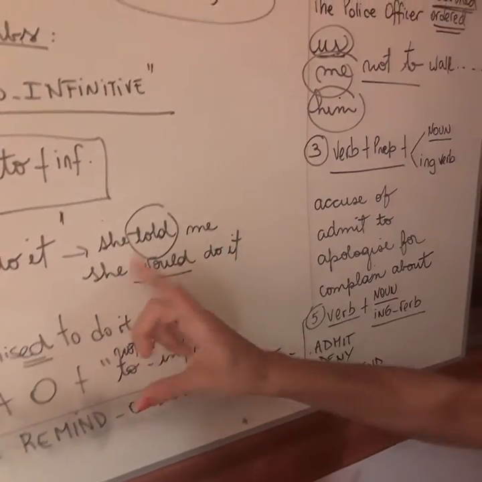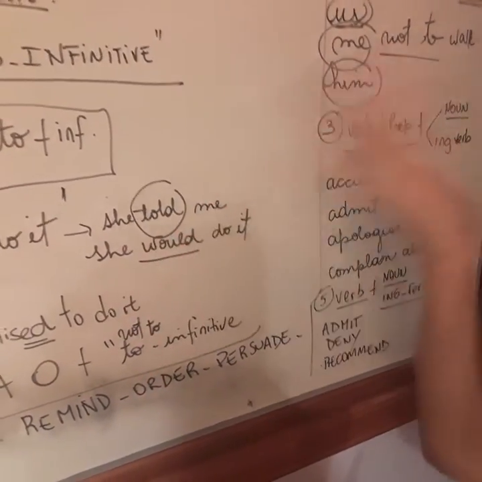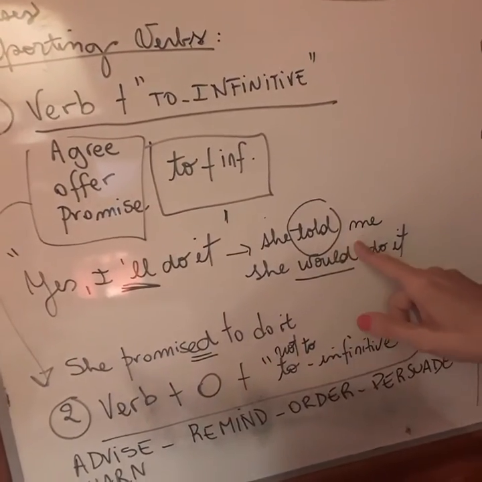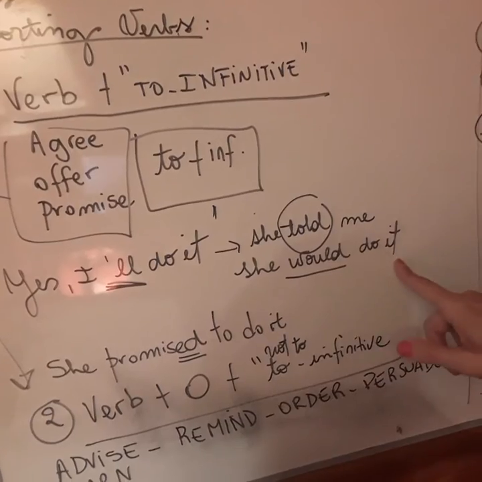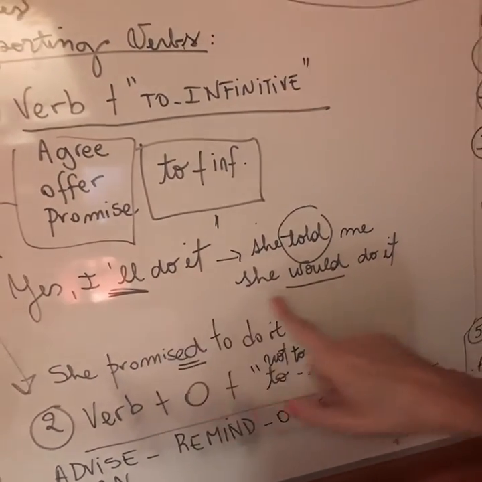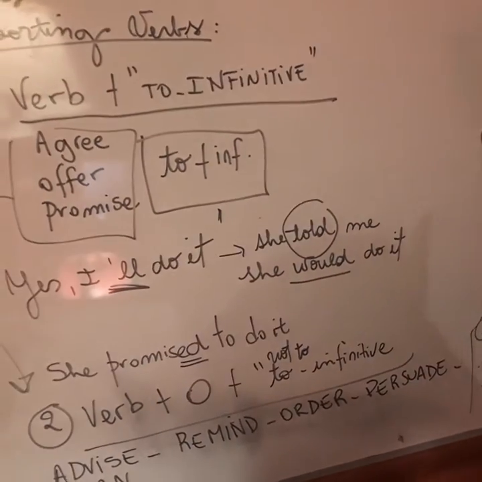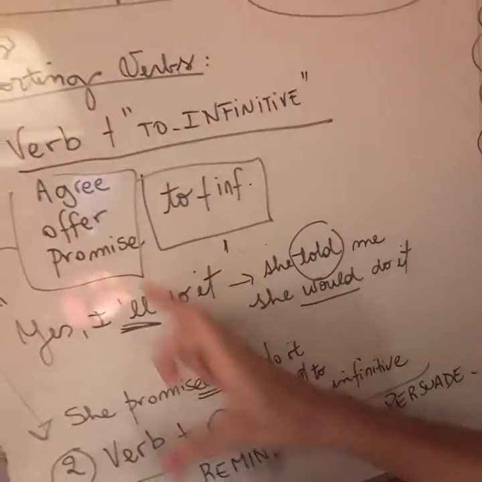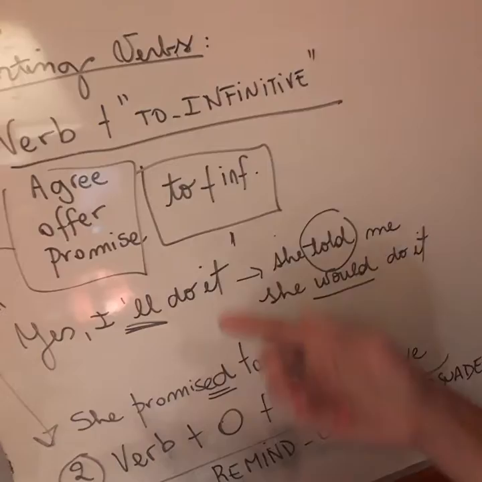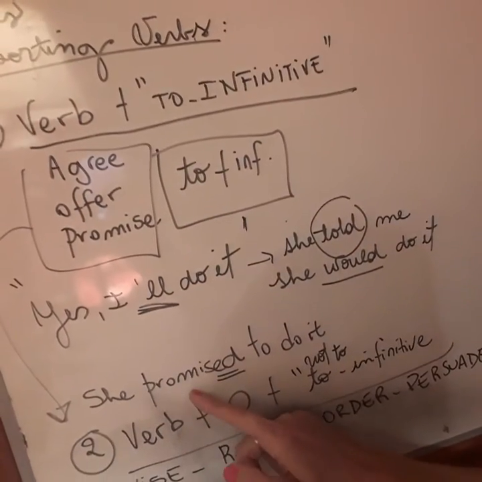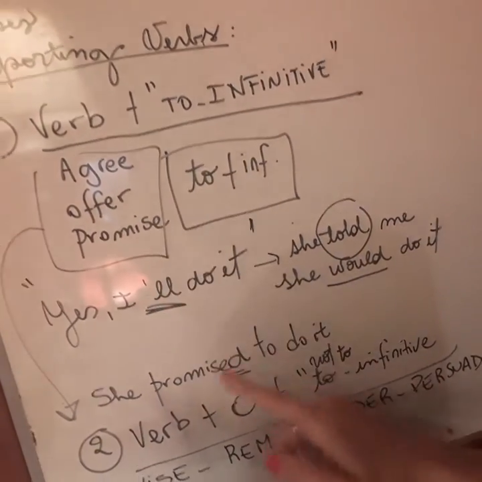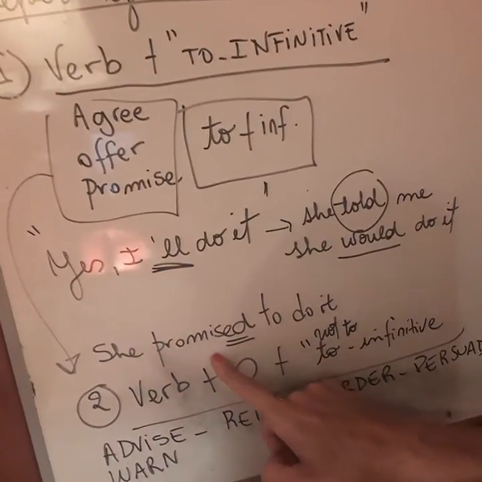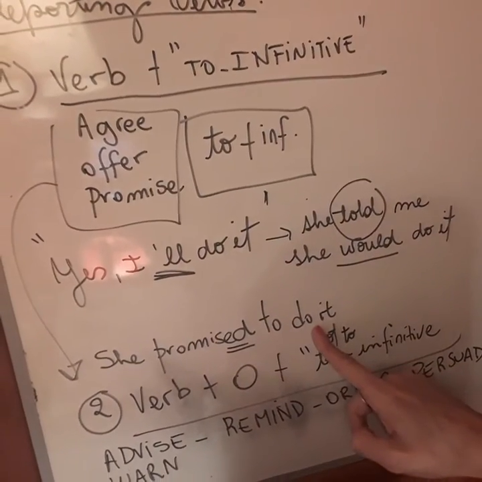Lo pueden transformar de las dos maneras. As we said before, she told me she would do it, changing will by would, as we did in the previous class. Or identify the situation, which is in this case a promise, yes? And I use this verb, promise. So I say, she promised to do it.